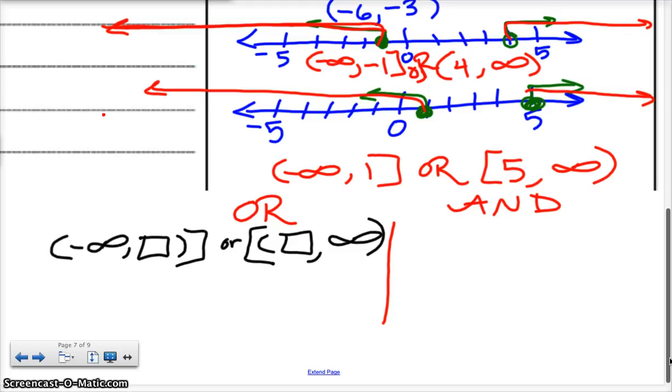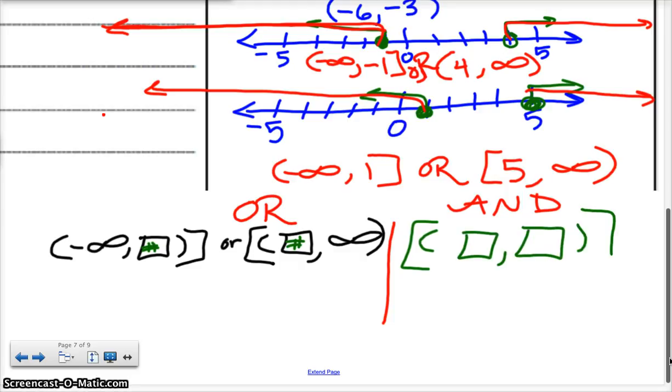And inside these boxes are a number. Ands are a little easier. It looks like this. So it's either going to be a parentheses or a bracket, number, comma, number, parentheses or a bracket. And this is some kind of number.